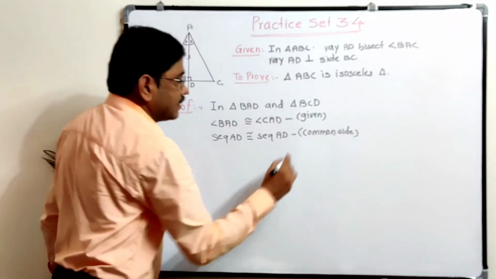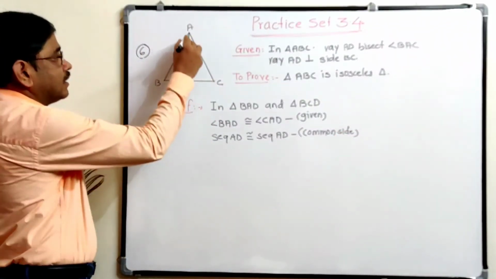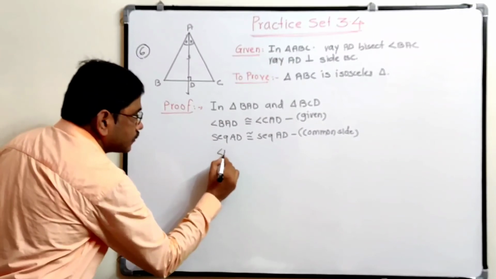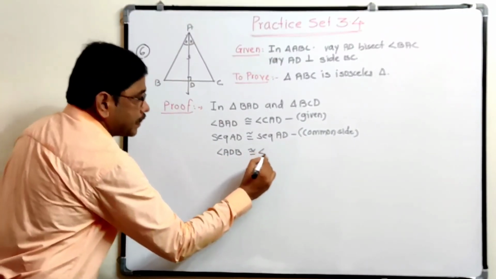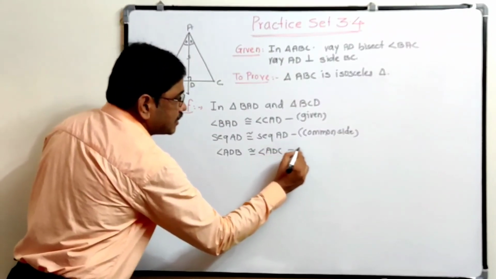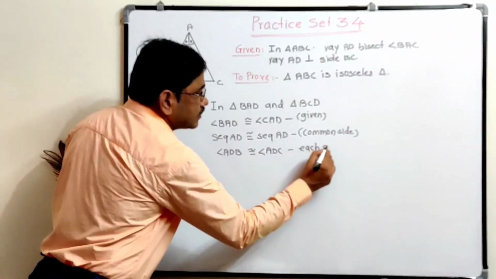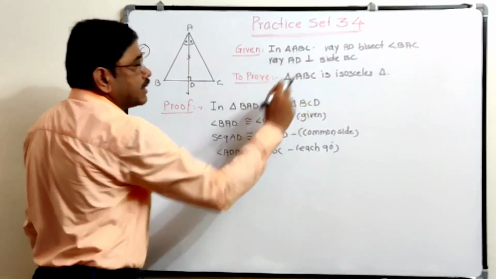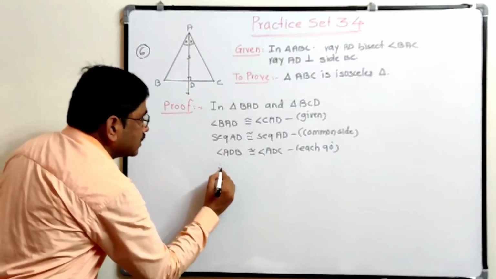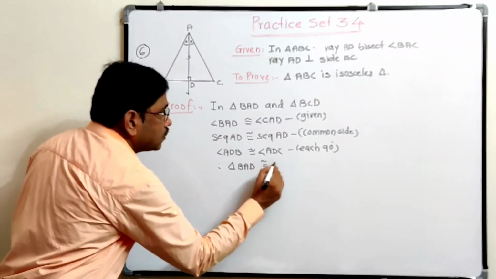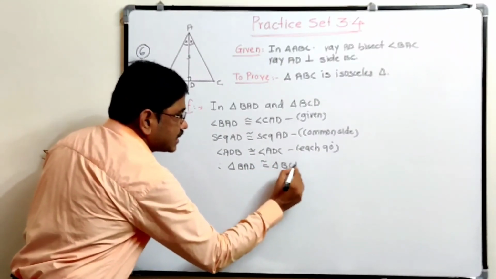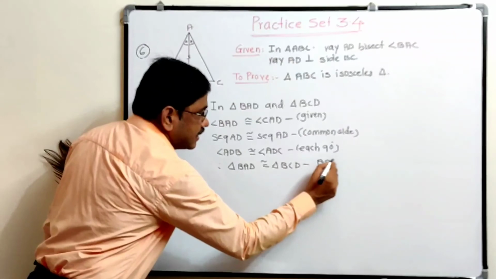This is the common side. And angle ADB is congruent to angle ADC, each 90, because perpendicular is given. Therefore, triangle BAD is congruent to triangle BCD by which test? ASA test.